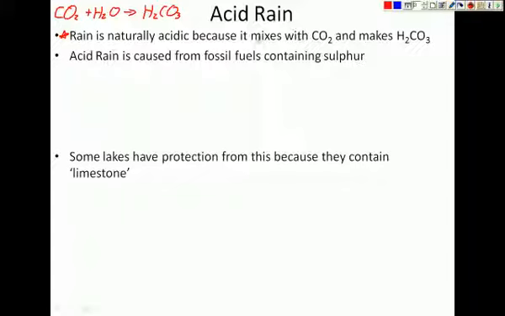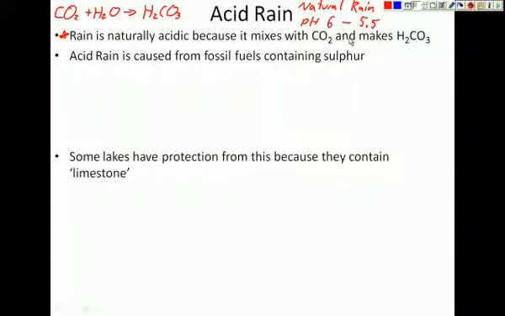This is just natural, and it makes rainwater have a slightly acidic pH. Natural rain usually has a pH of around 6, or maybe around 5.5, somewhere between 6 and 5.5.